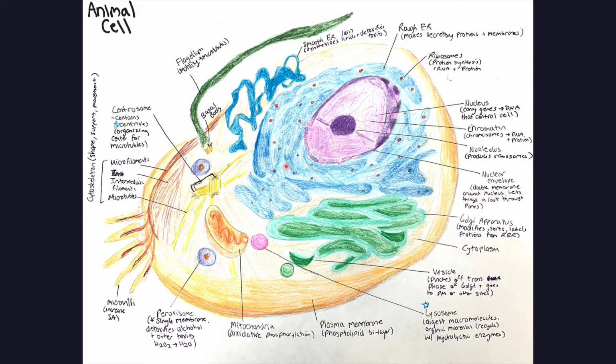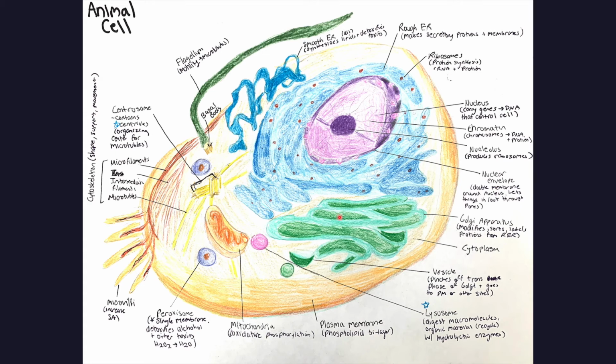The rough endoplasmic reticulum gets its name because it has a rough appearance due to the presence of ribosomes, which are protein factories. The rough endoplasmic reticulum produces secretory proteins and membrane proteins. The smooth endoplasmic reticulum produces lipids and detoxifies toxins.